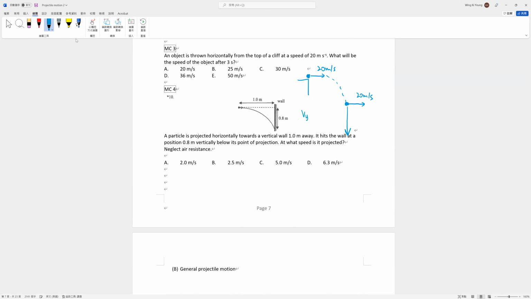To find the vertical velocity, we use g times t. So it should be 9.81 times 3, around 30. Then to find the speed after 3 seconds, we just make use of the Pythagoras theorem. Then the answer should be 36.